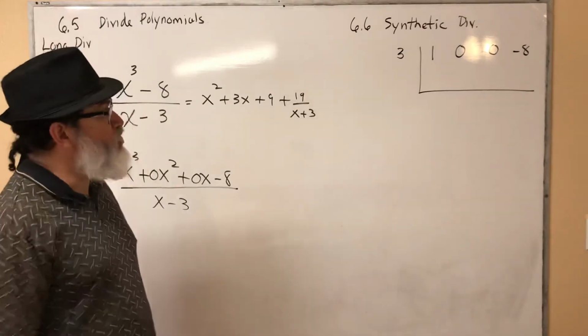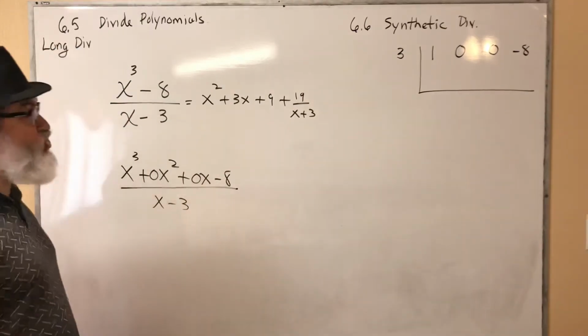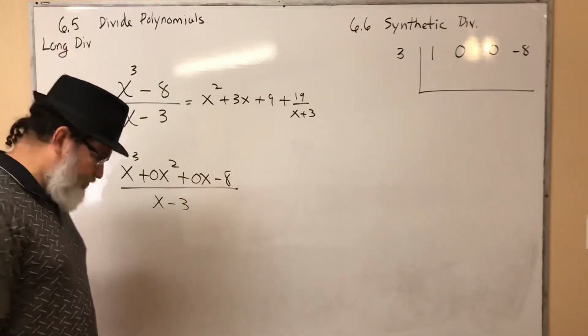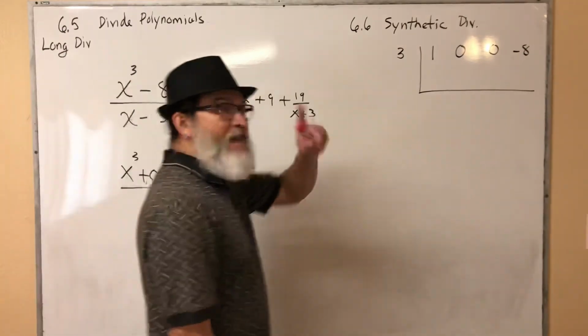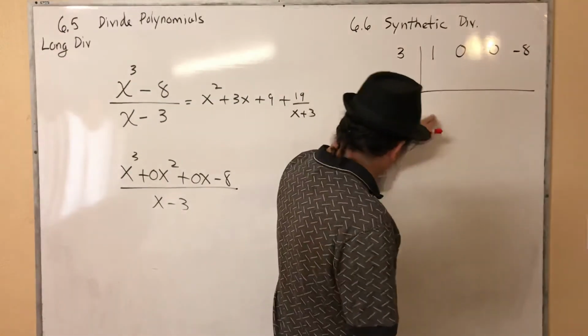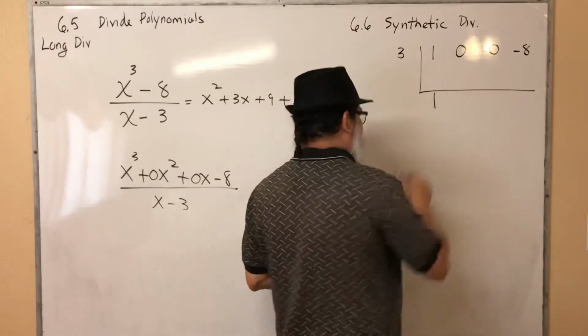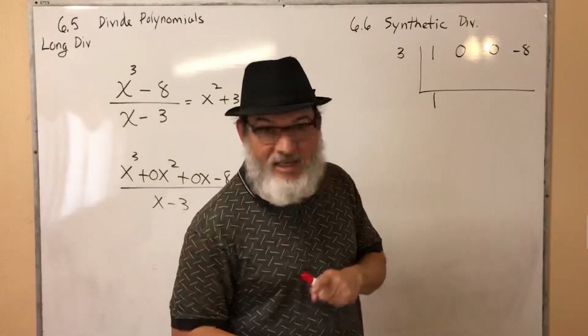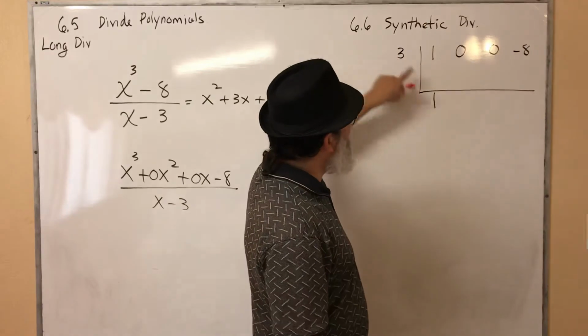So we're doing this in synthetic division. This is section 6.6. First step, bring down. Next, multiply. 3 times 1 is 3.